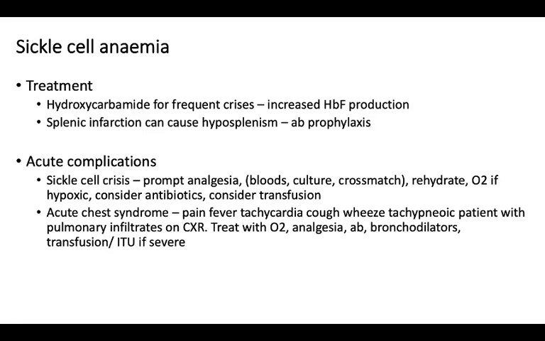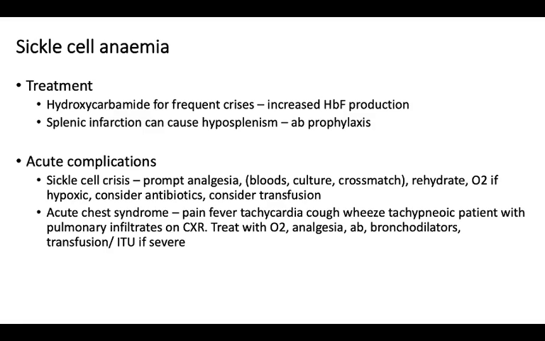So how do you treat sickle cell anemia? There is no cure for sickle cell anemia, but if patients are having frequent crises, then you can give them hydroxycarbamide, which is a drug that works by increasing fetal hemoglobin production. Normally 97% of the blood is made up of HbA, and in these patients it would be HbS.